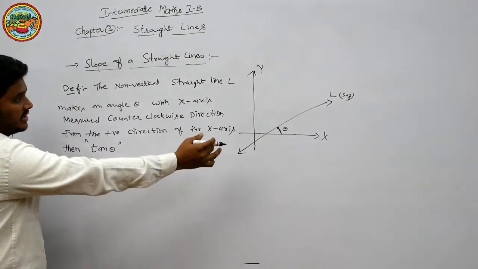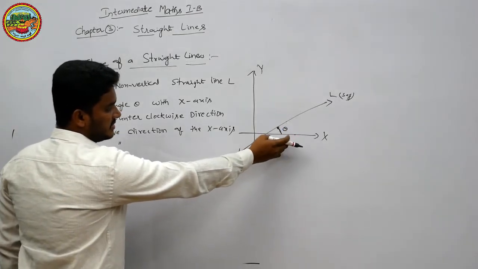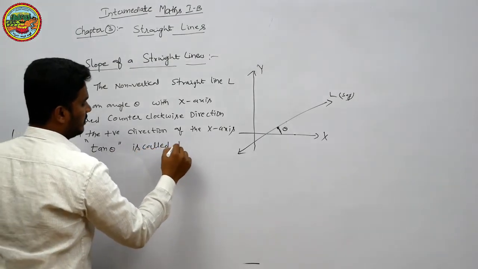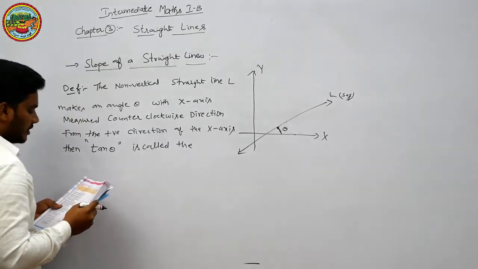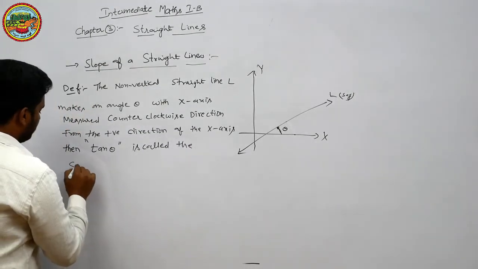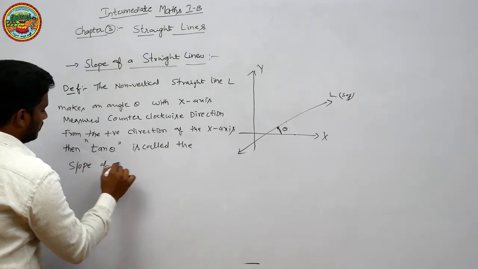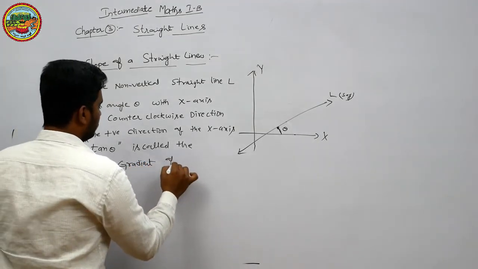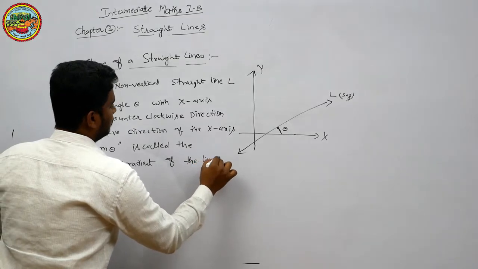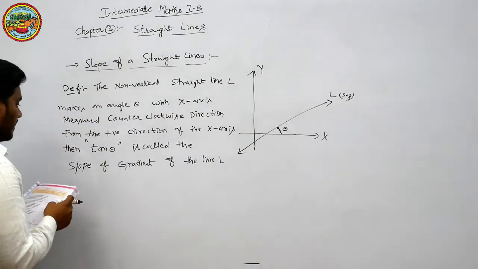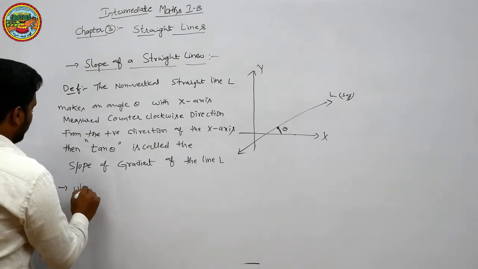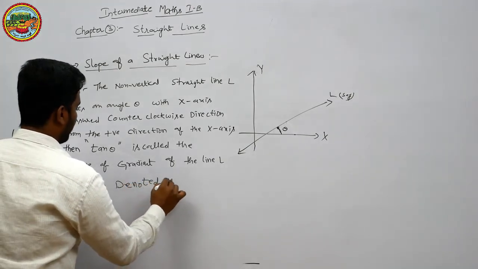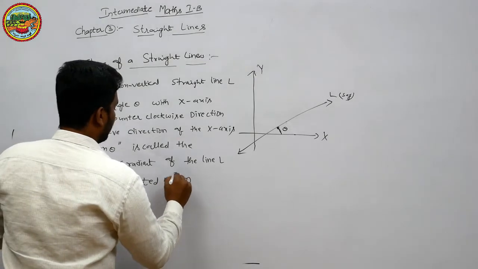The angle of inclination, the angle which the line makes with the x-axis, is taken as tan theta, is called the slope or gradient of line L, which is denoted by small m.